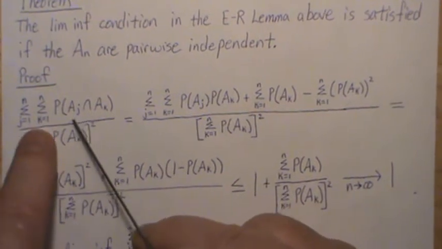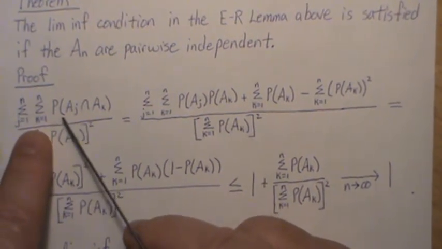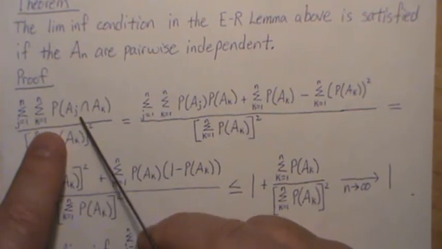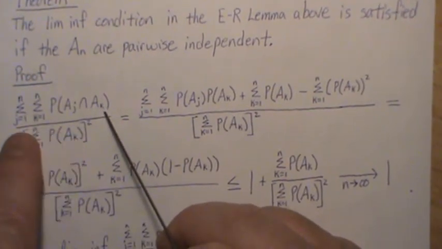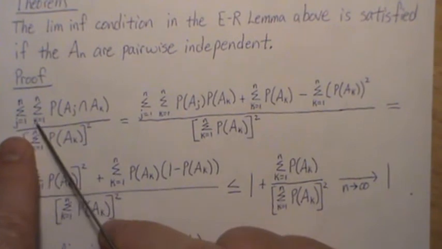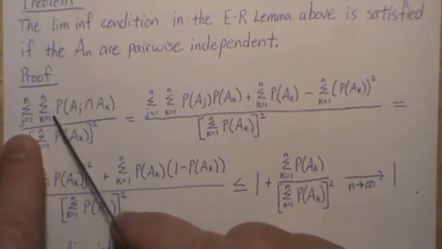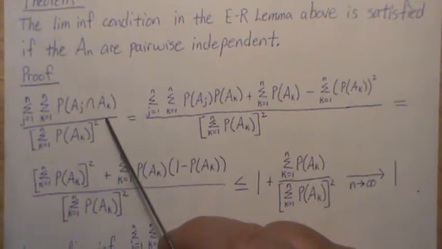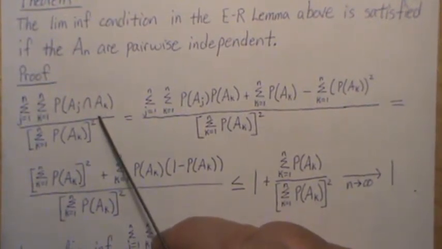So when we look at this double sum, we're going to get all possible probabilities of AJ intersect AK. And at some point, K is going to equal J. So we get the probability of AJ intersect AJ, which is just AJ.